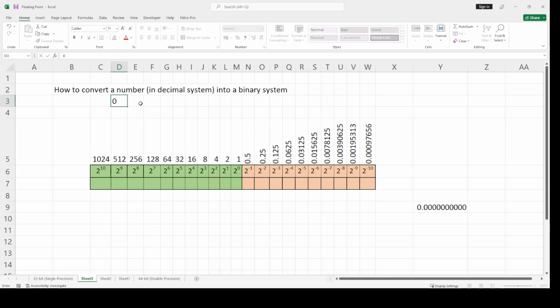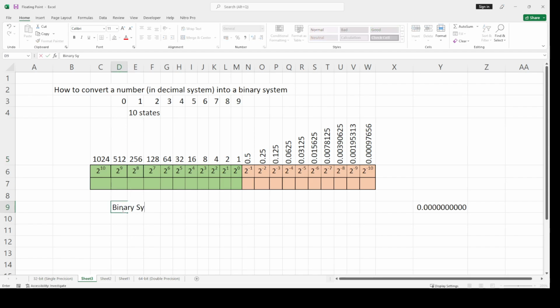This is 0 for nothing, 1, 2, 3, 4, 5, 6, 7, 8, 9. So that is 10 in total, 1, 2, 3, 4, 5, 6, 7, 8, 9, 10. So in decimal system, we have 9 states. Okay, sorry, we have 10 states.